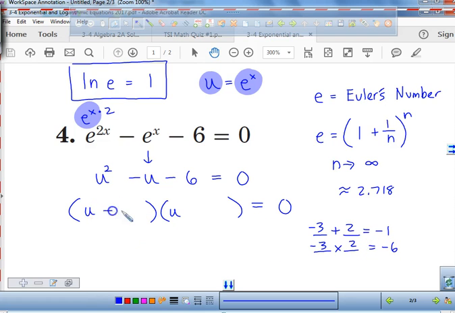So put u minus 3 and u plus 2 equals 0. Now what number minus 3 equals 0? 3. So u could equal a 3. What number plus 2 equals 0? Negative 2. So we have two answer choices, everybody. U could equal a 3, or u could equal a negative 2.